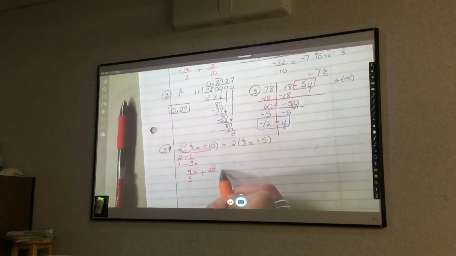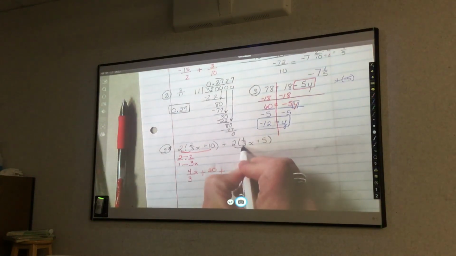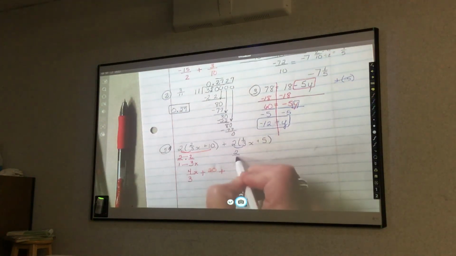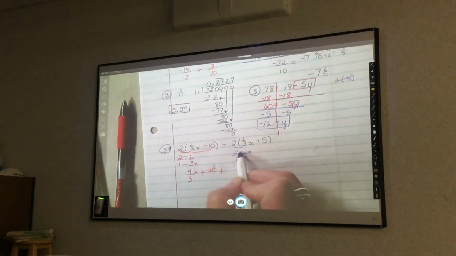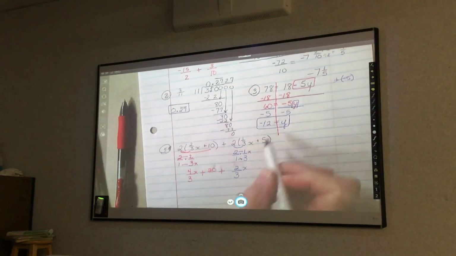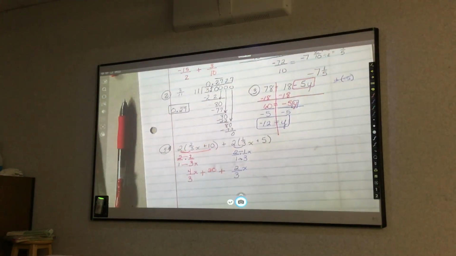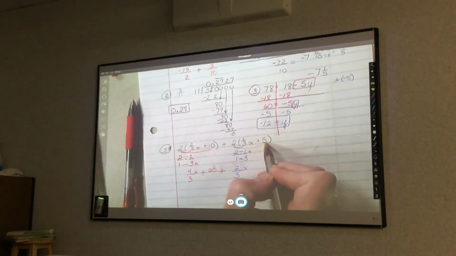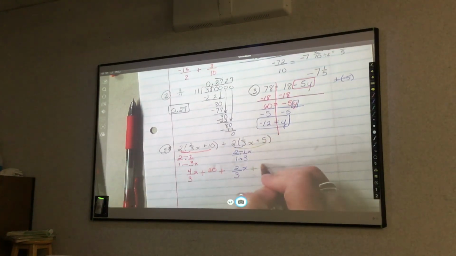Bring down that plus sign. Now I've got 2 times 1/3 x, so 2/1 times 1/3 x. 2 times 1 is 2, 1 times 3 is 3, so it's 2/3 x. Then 2 times 5 is 10, so plus 10.